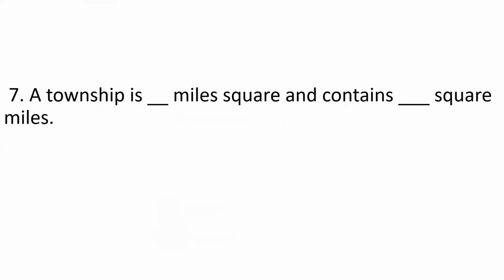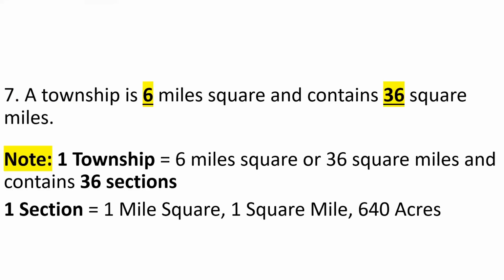Number 7, a township is blank miles square and contains blank square miles. Here, they're talking about a township. A township is 6 miles square and it contains 36 square miles.